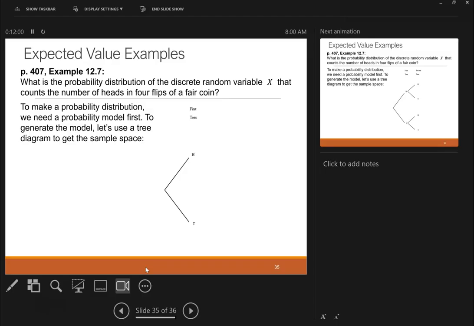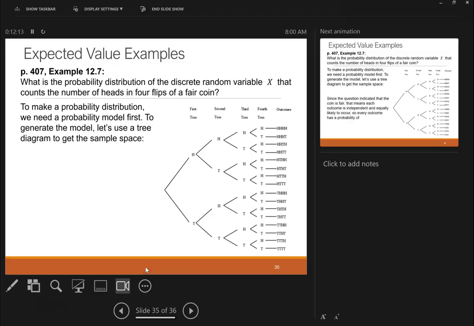So here's my first flip, and then my second flip. Each branch gets its separate branching. My third flip, and then my fourth flip. And there at the end, I've consolidated by reading down the branch what the individual outcome is.